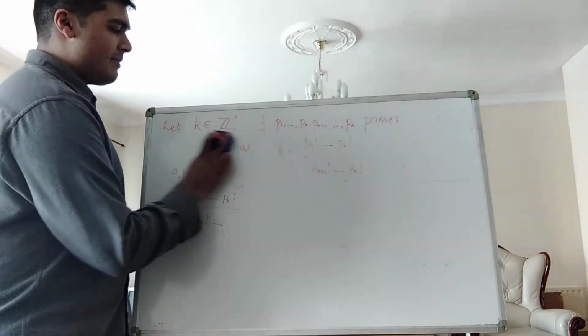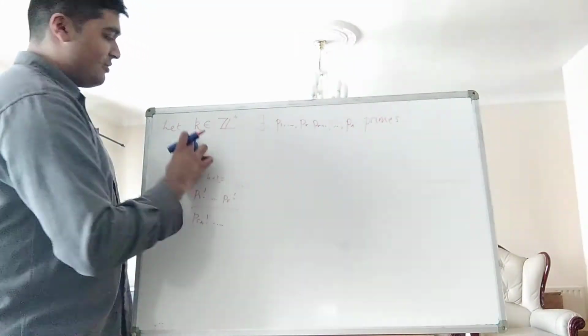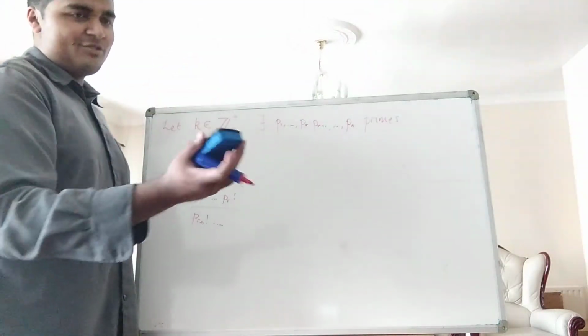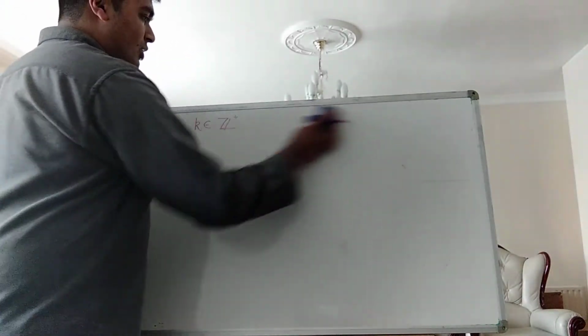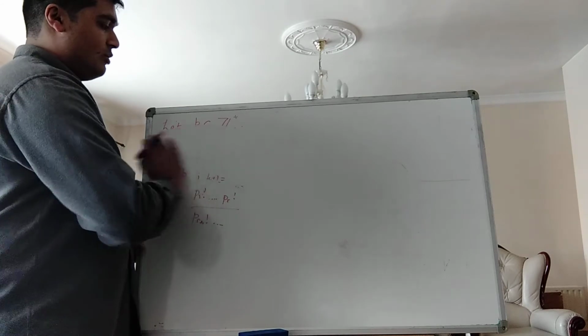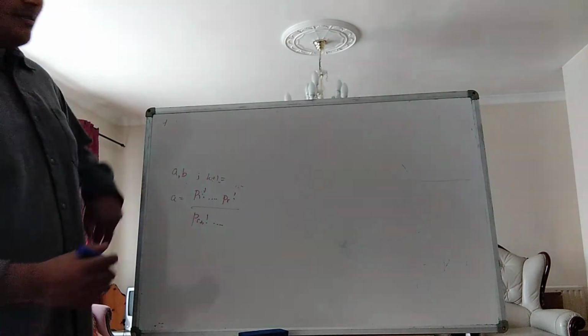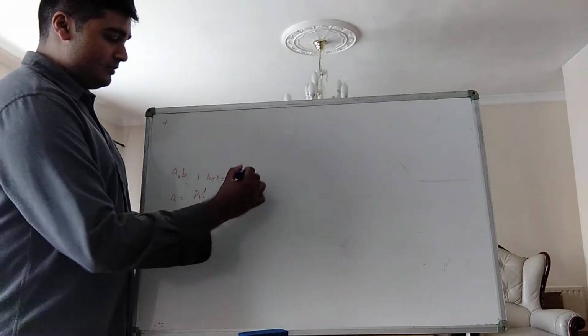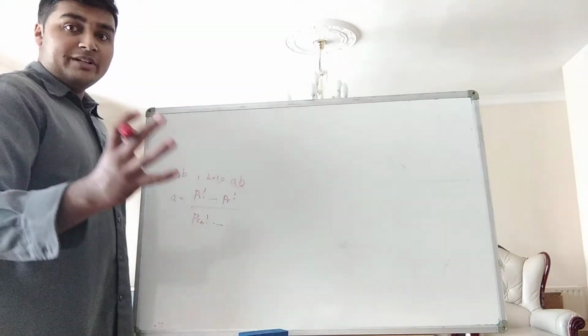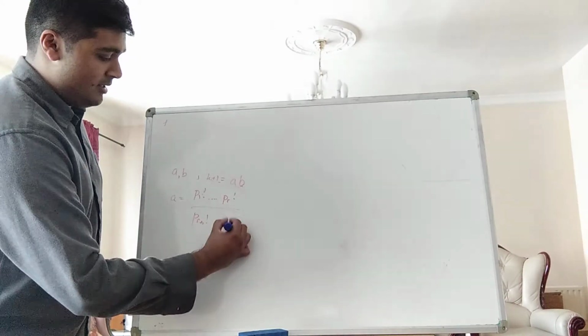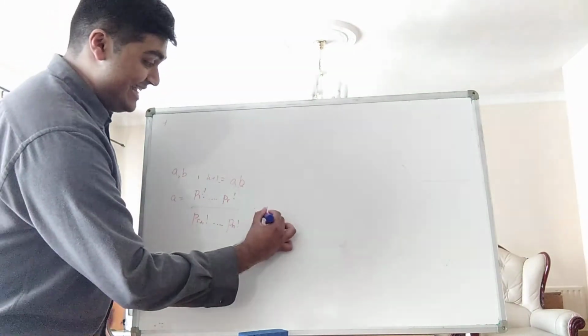I'm going to rub out this line because we're not just assuming true for k. It's strong induction, so we're assuming true for all numbers up to k. Anyway, so suppose k plus 1 is a times b, but a, by our strong induction assumption, can be written in this weird form, and so can b.